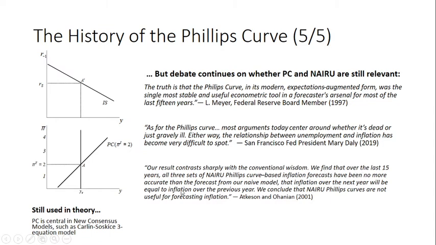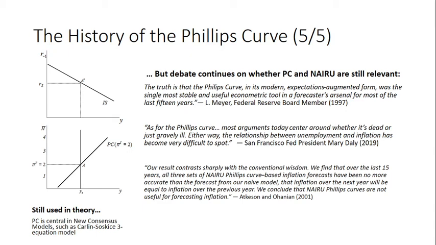We find that over the last 15 years, all three sets of NAIRU Phillips curve-based inflation forecasts have been no more accurate than the forecast from our naive model that inflation over the next year will be equal to inflation over the previous year. We conclude that NAIRU Phillips curves are not useful for forecasting inflation.